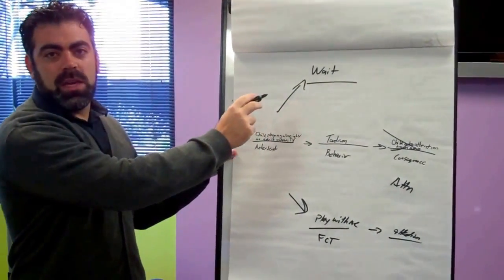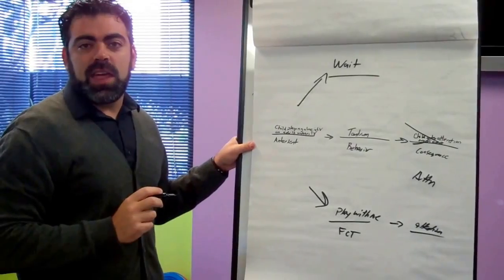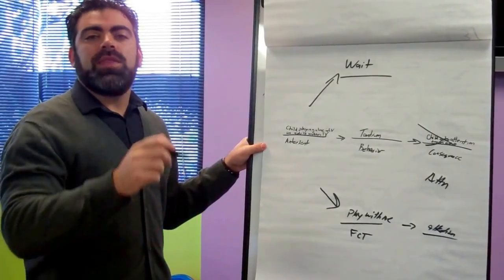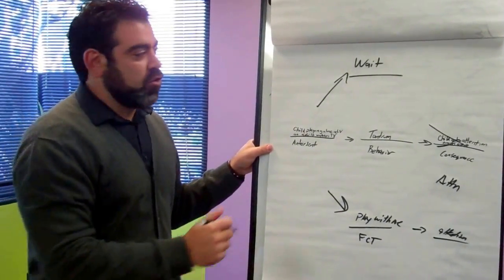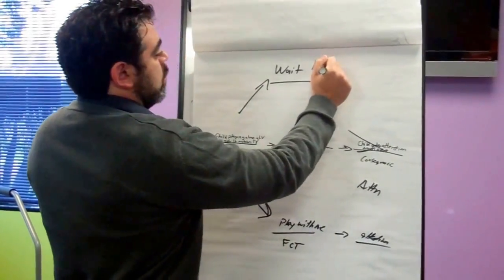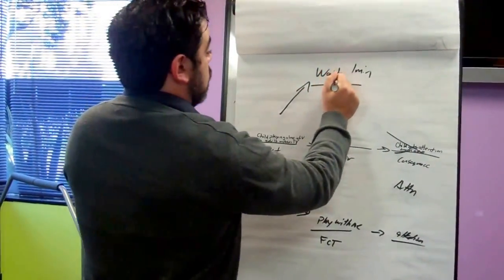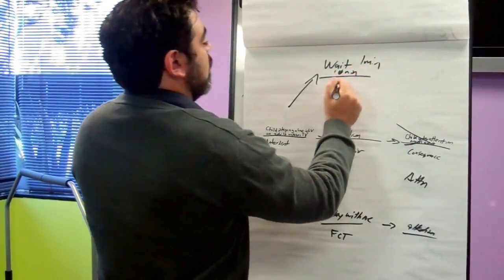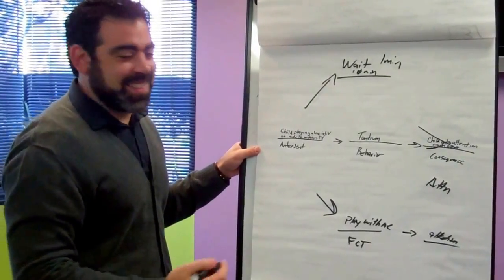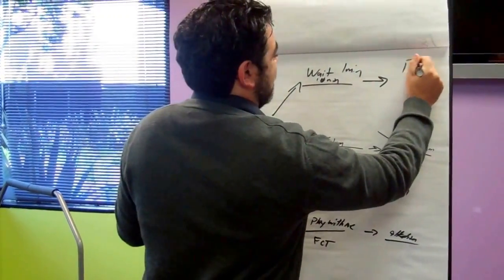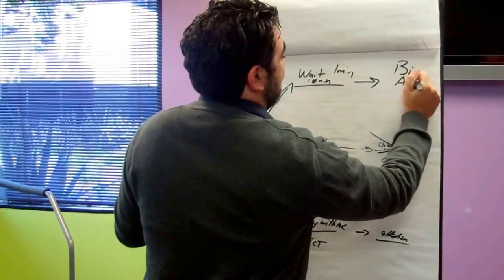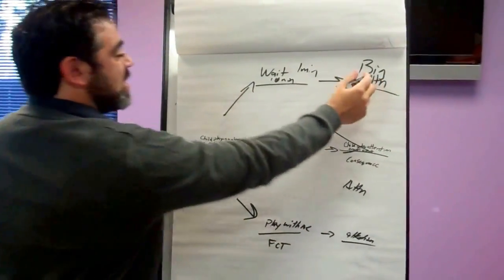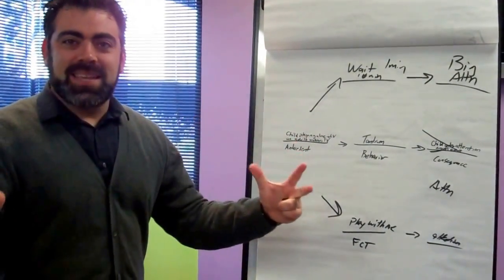That's why our ultimate goal is probably to have that child then wait. And when they wait for your attention, this could be 1 minute, 10 minutes, 30 minutes. I think you guys get the idea. This is our consequence. This is our contingency. Big attention.